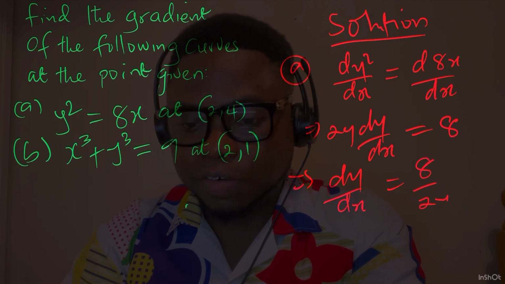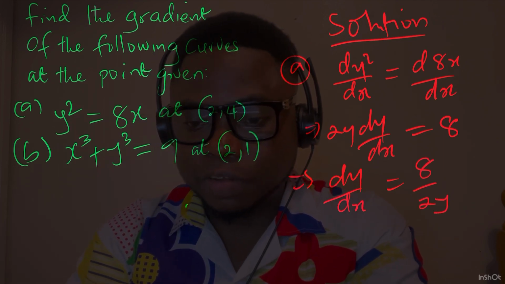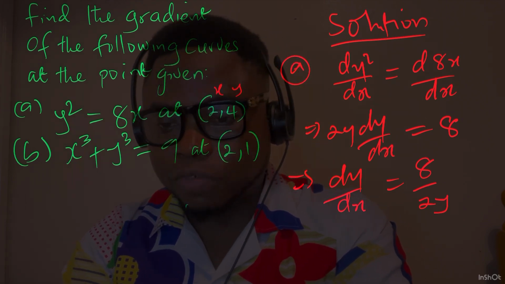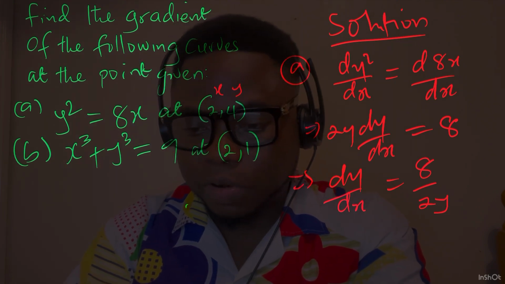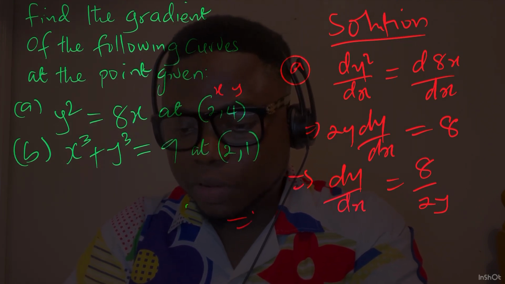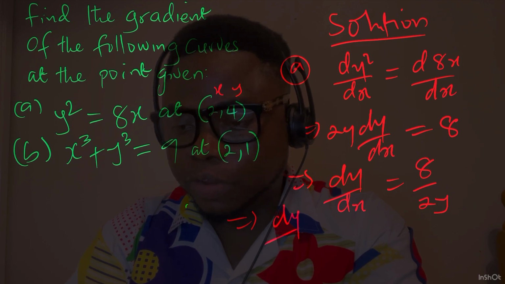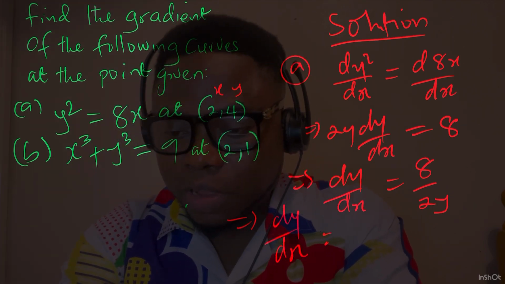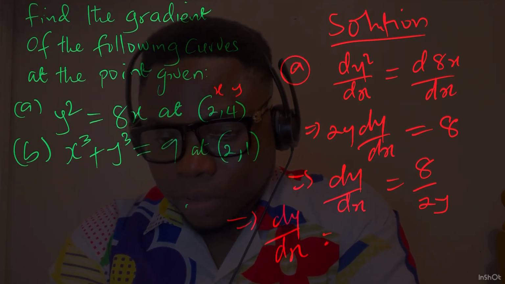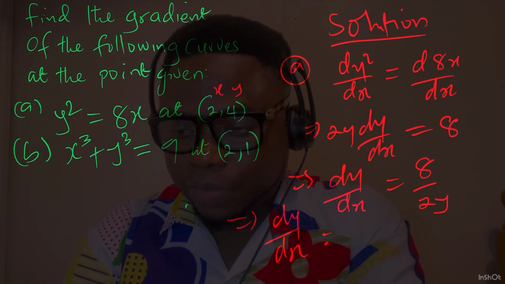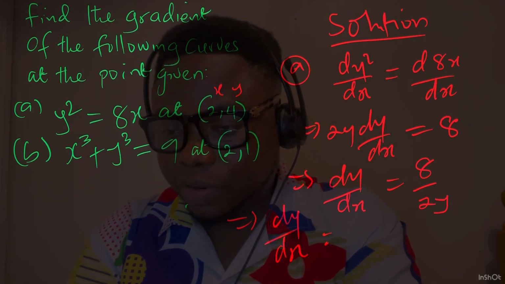In this case, remember that x is represented by 2, then y is represented by 4. Remember, we have two axes, x and y axis. So anywhere I see y, I'm going to replace with 4. Remember, there is no x in this expression, 8 over 2y.